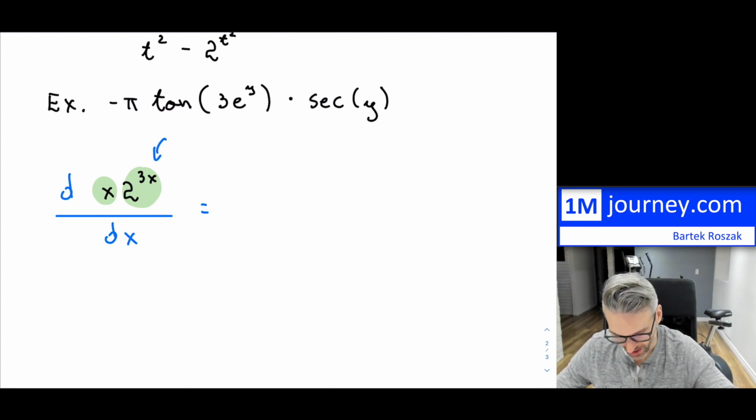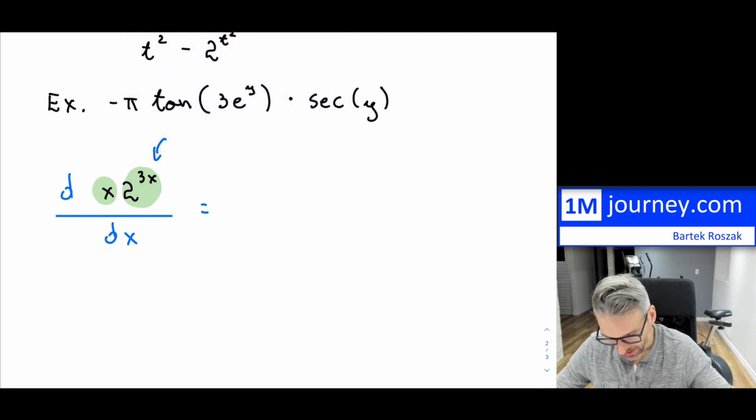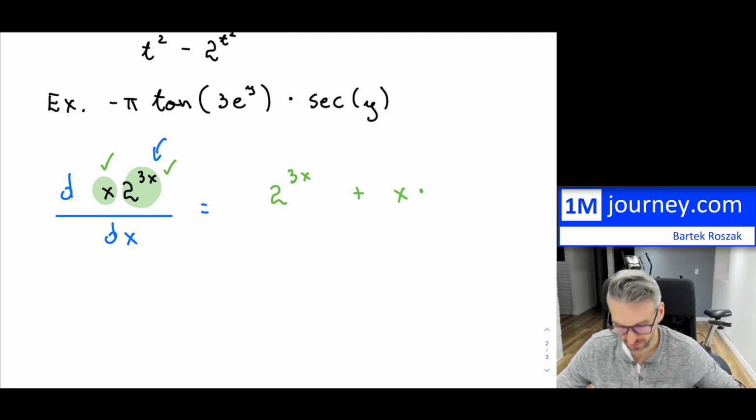I would take the product rule to start off, and the derivative of the first one is just 1, and then 1 times this would have just given me 2 to the 3x. And because it's product rule, this is going to be plus, and now the x stays behind, and I have to take the derivative of 2 to the 3x.